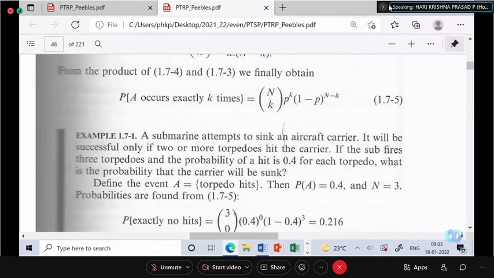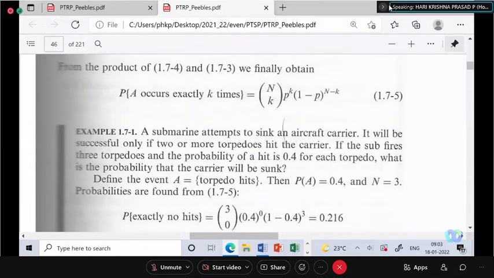Probability of A occurs exactly k times. In other words, probability of 0 occurs exactly 1 time or 2 times. The experiment is repeated 3 times or capital N times, out of which k is the number of times the desired event should happen. I hope the 1.75 expression is clear.